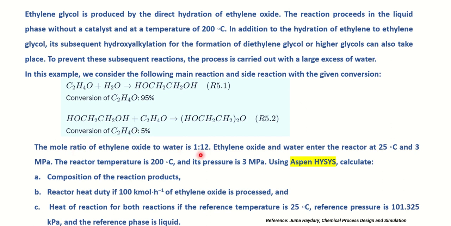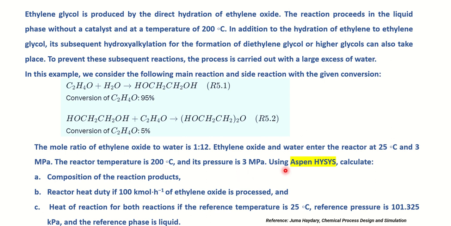The feed contains a mole ratio of ethylene oxide to water of 1 to 12. That means if I feed 100 kilomole per hour of ethylene oxide, I have to feed 1200 kilomole per hour of water, and these are fed at a temperature of 25 degrees C and a pressure of 3 MPa. The reactor operates at 200 degrees C and a pressure of 3 MPa.